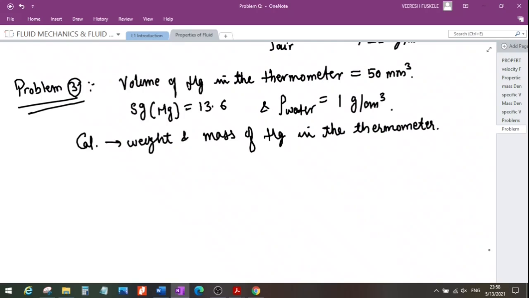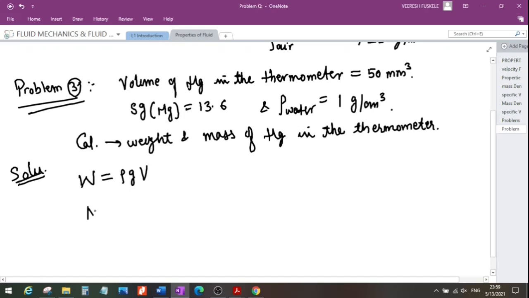This problem can be solved by noting that the weight of a volume of fluid is W, which is equal to rho g into V, while the mass of the same volume is equal to rho into V. Now we are given the specific gravity of mercury, so we can calculate the density of mercury by using the formula.